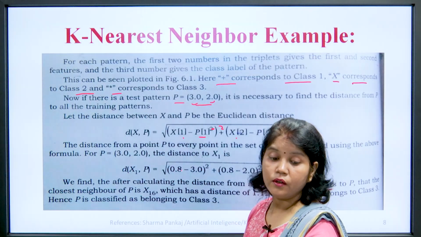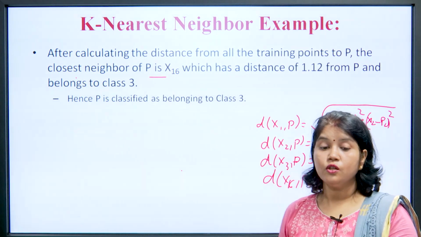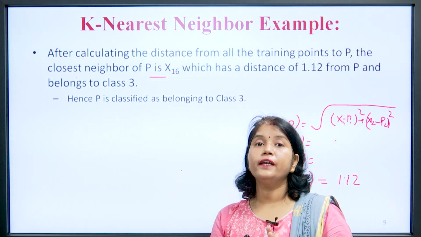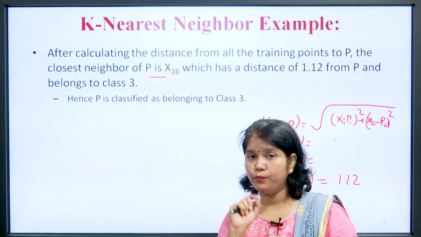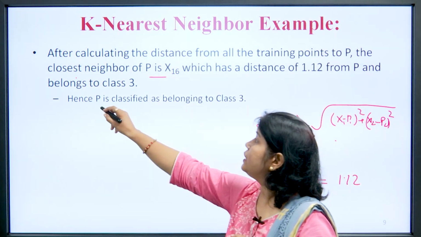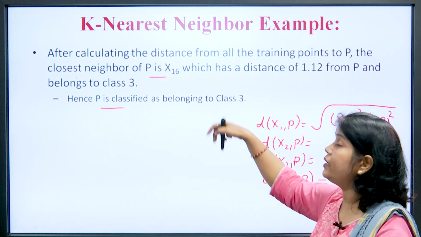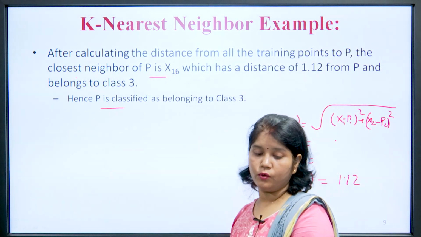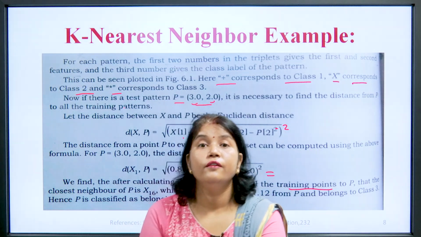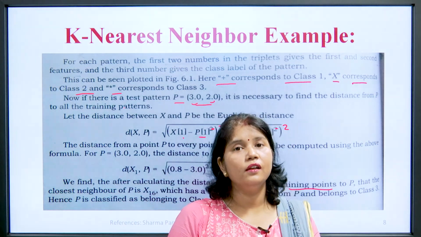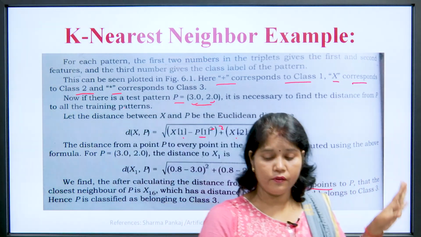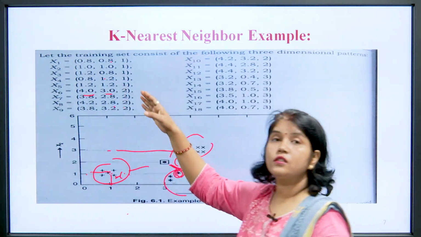This is the nearest neighbor point. So, P is classified in class 3. On the basis of that, you will decide where your data point will lie. I hope it is all clear.